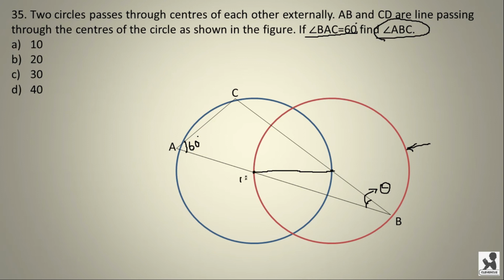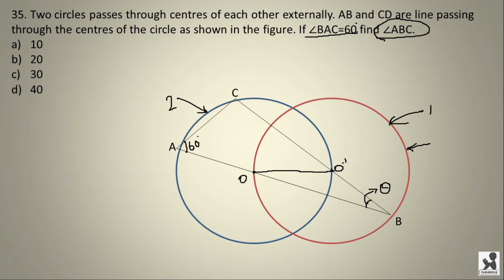Let us name this point as O and this as O dash. Let us think this is the first circle and this is the second circle, so that explaining will be easy. Now O dash is the radius of the first circle, and also the radius of the second circle.